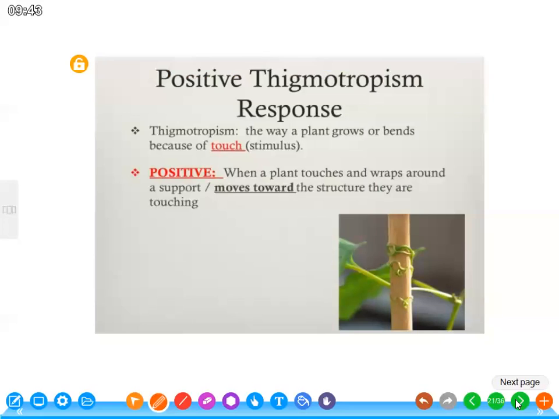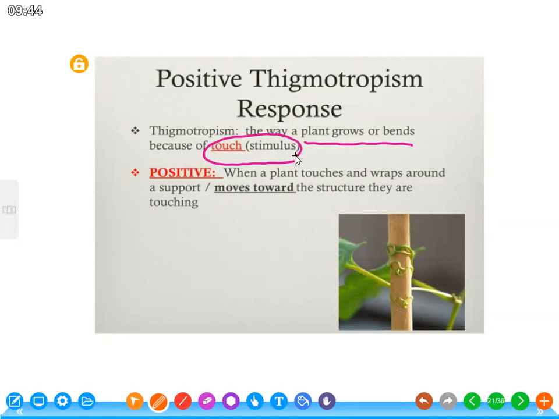Next, positive thigmotropism response. Thigmotropism is the way a plant grows or bends because of touch. So, the stimulus is touch.